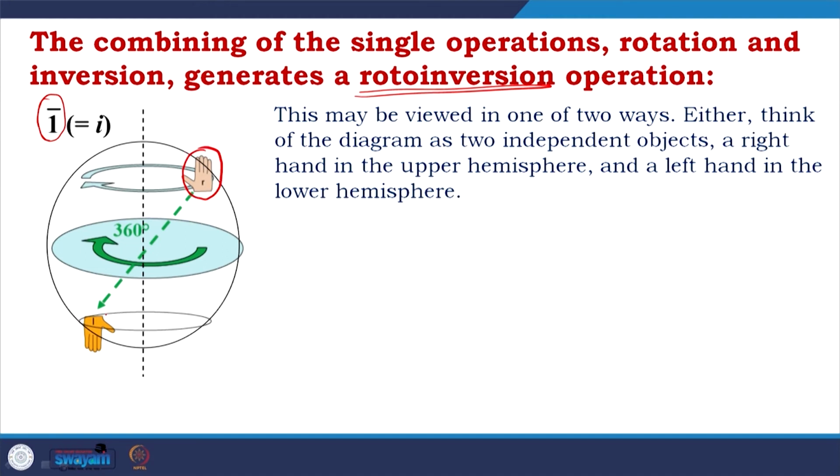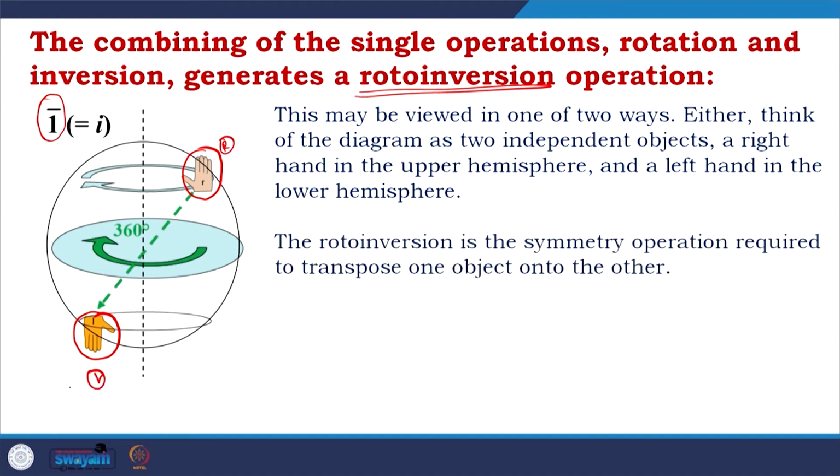And you have a left hand in the lower hemisphere. So, you have a right hand and you have a left hand. The roto inversion is the symmetry operation required to transpose one object into the other.